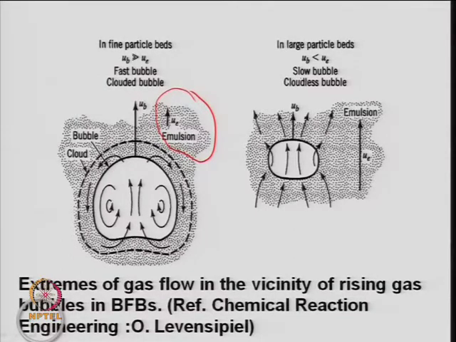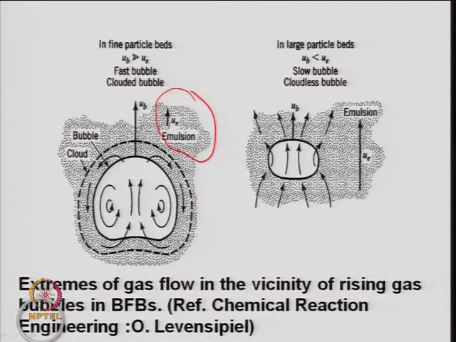In a fine particle bed, u b, which is the velocity of the bubble, is much higher than the emulsion phase velocity. So, fast bubbles and clouded bubbles here are moving up. Where the particle size is larger, the bubble velocity is smaller, and the bubble velocity is smaller than the emulsion velocity.